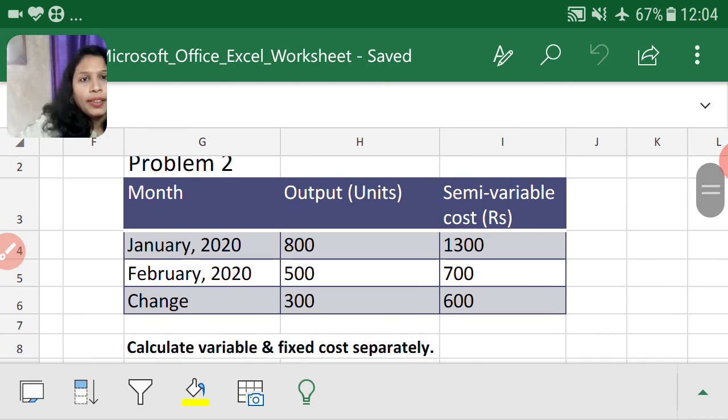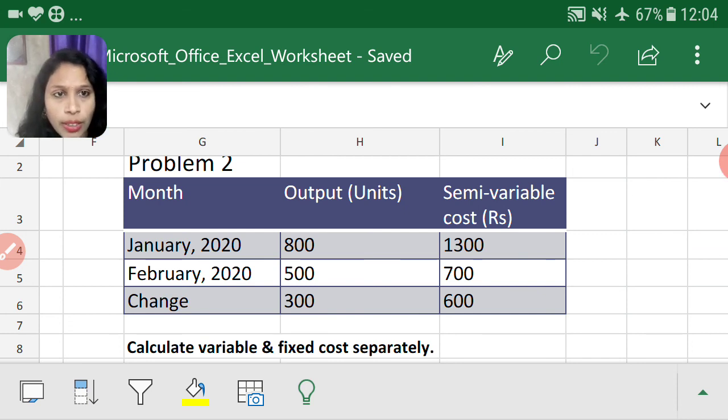Problem number two: month, output units, semi-variable cost in rupees. The months are January and February, with the change in level of activity. Some of the amounts, number of units and semi-variable cost are given here. You have to calculate variable and fixed cost separately.